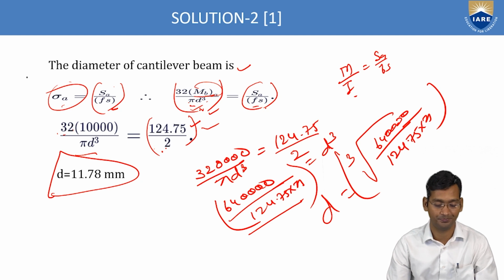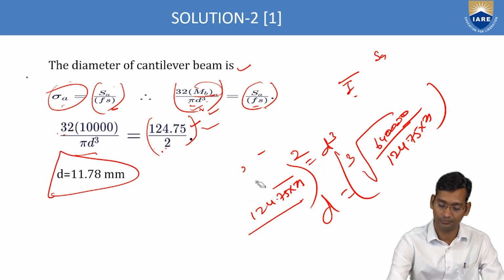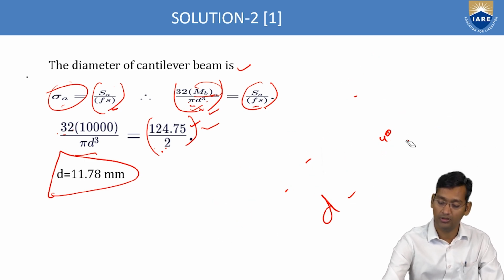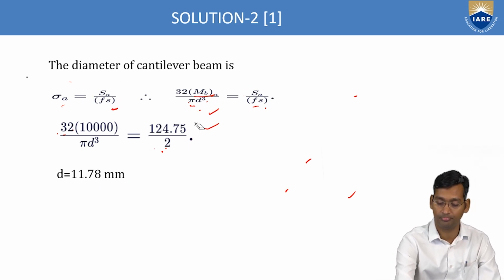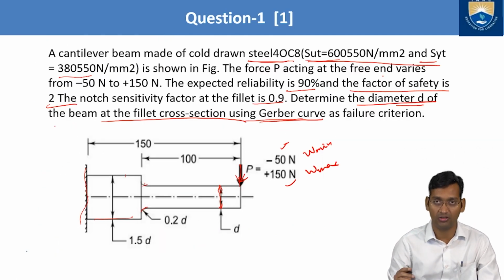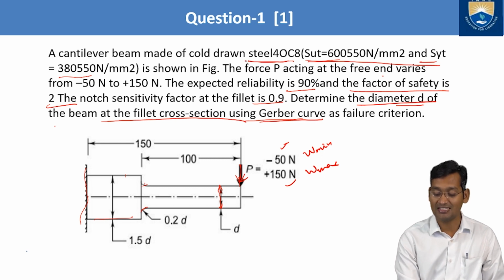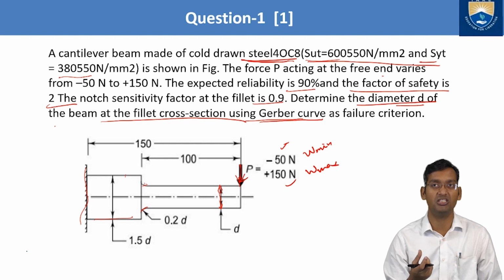So this will be the diameter of this one. Let's see quickly once again, because some new things are there. The steel is given as 40C8, which means a particular steel that has some specific values.